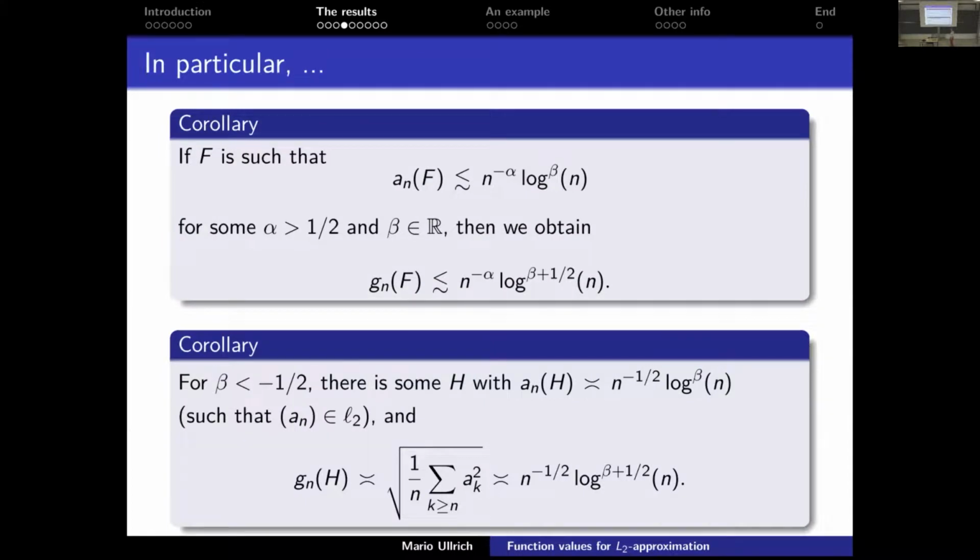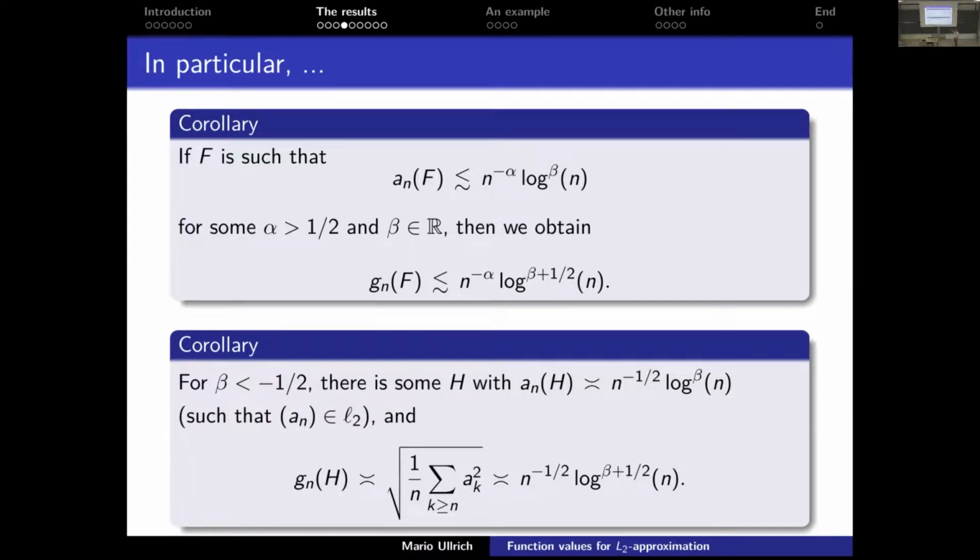Okay, just to give a corollary to see better what these results imply for specific sequences. So assume that F is an arbitrary subset of L2, under the general conditions I gave, such that the decay of the approximation numbers is n to the minus alpha times log to the beta n, right?